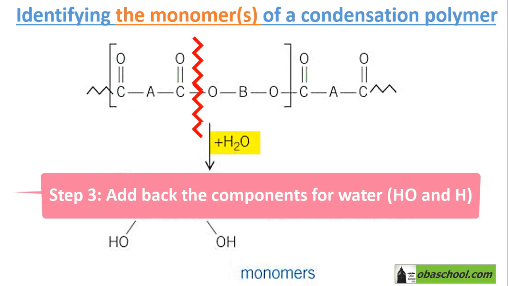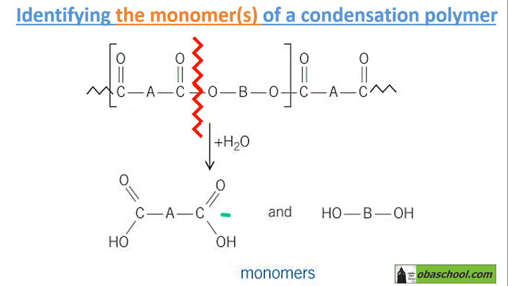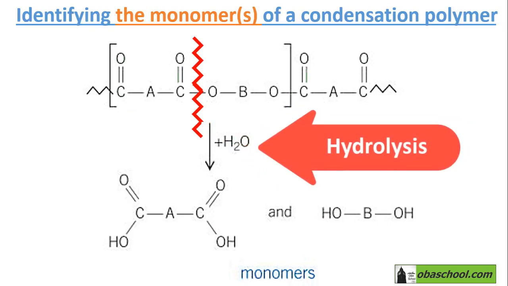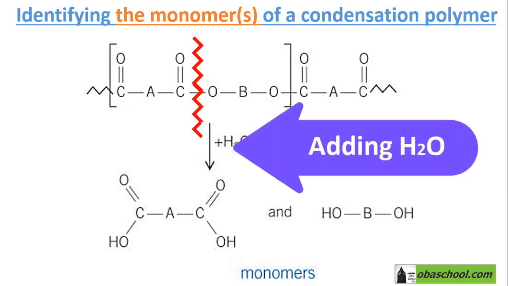I retain this water molecule again here. So I have to add OH to one side and H to the other side. Here I add OH to the C double bond O, as you see here, and I add H next to the O. This is the same process as when condensation polymers are hydrolyzed. By hydrolysis, I mean adding a water molecule.